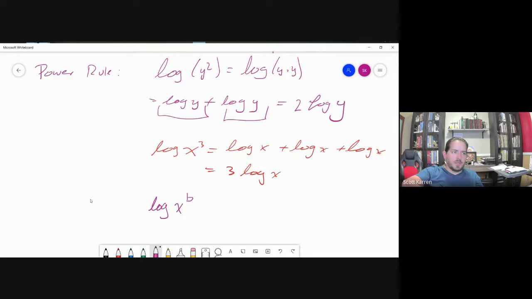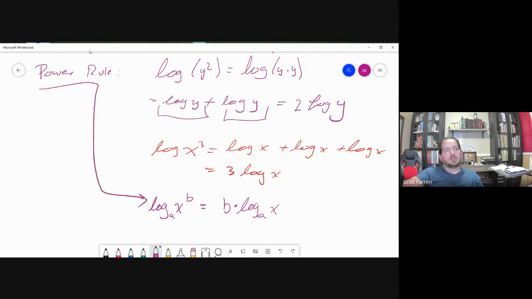It doesn't matter what that power is. Let's call it b. And it also doesn't matter what that base is. The log base a of x to the b is equal to b times the log base a of x. And this is the power rule right there.